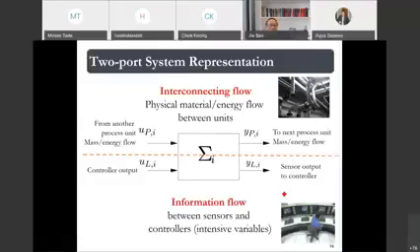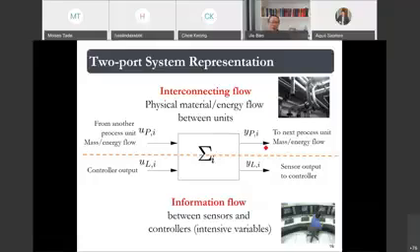But when we look at plant-wide control, obviously we need to deal with the interactions, and the interactions are through the physical mass and energy flows coming into a process unit and leaving a process unit. So what do we have here? U_P,i means the mass or energy flow coming into process unit i.